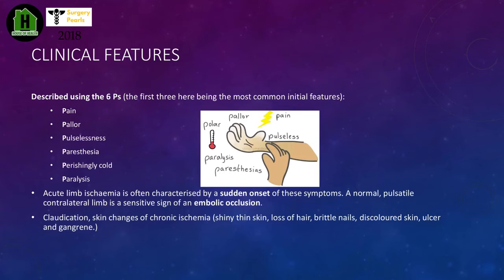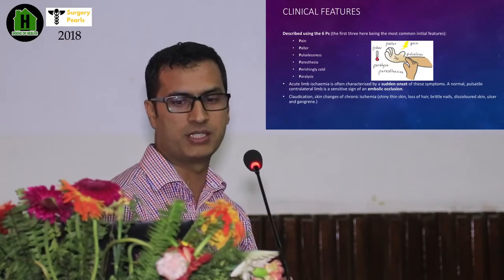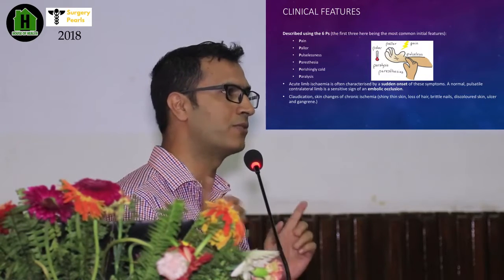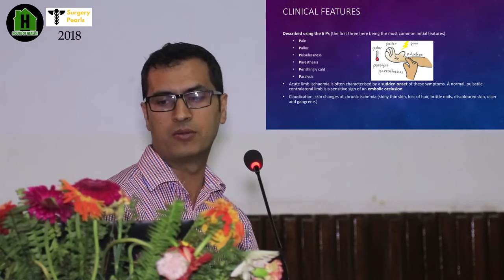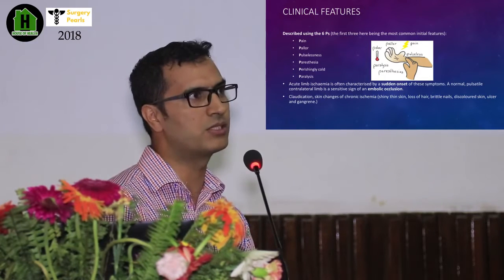The clinical features of critical limb ischemia in the acute setting are sudden onset of pain, pallor, pulselessness, paresthesia, perishing cold, and paralysis. These are the famous 6 P's with which the patient will present. Of all, pain is the most common feature.